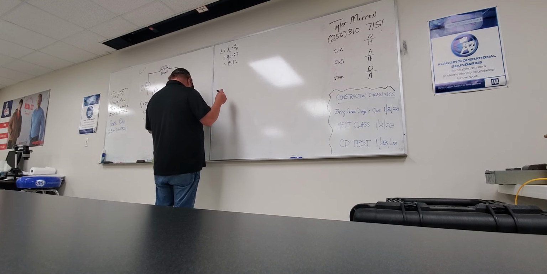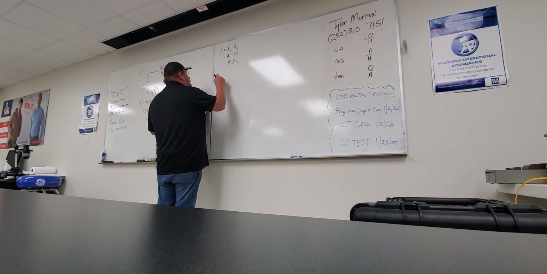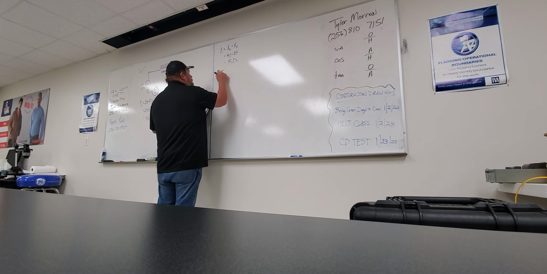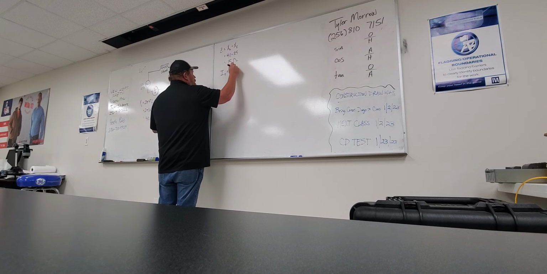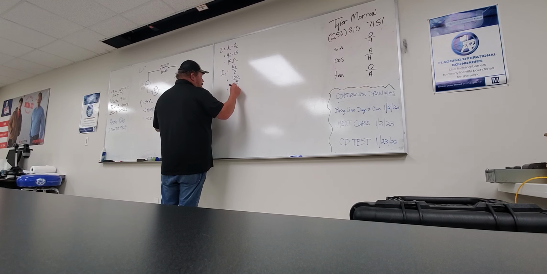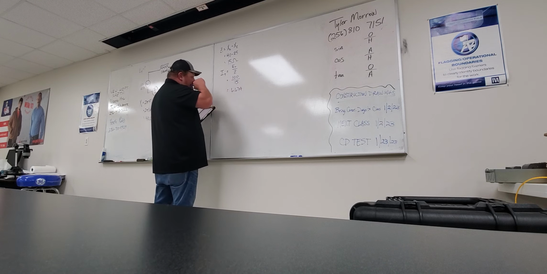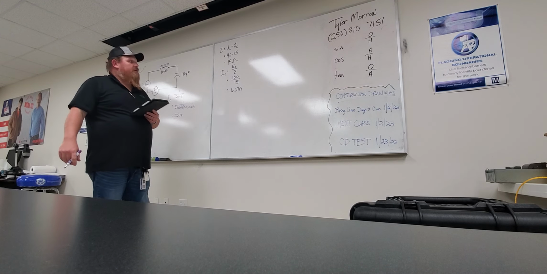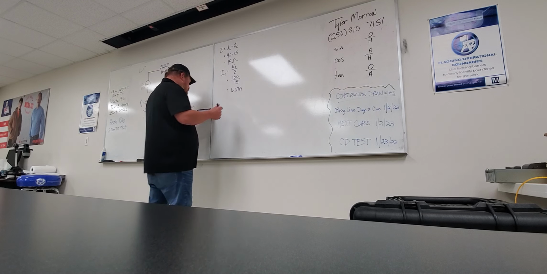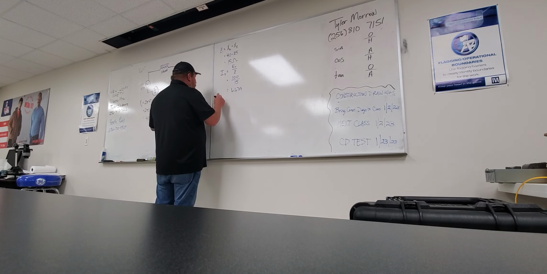Now we can calculate our current. We have a total current of 6.67 amps. Now that we know our current, we can calculate the voltage drop across each component.